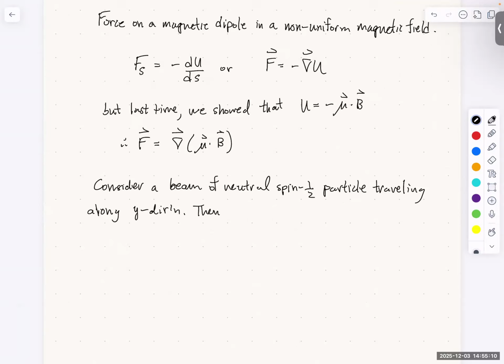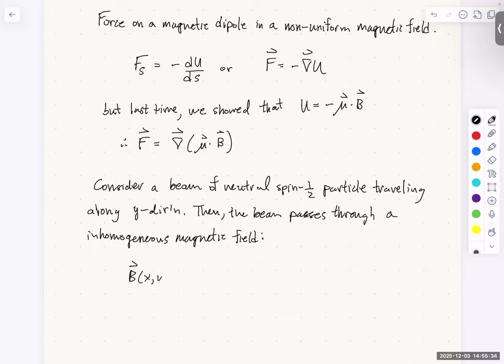Then the beam passes through an inhomogeneous magnetic field. So B is equal to minus... we have to make up a field.